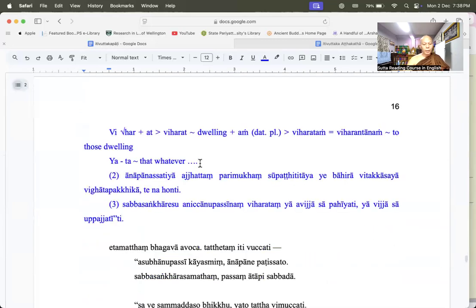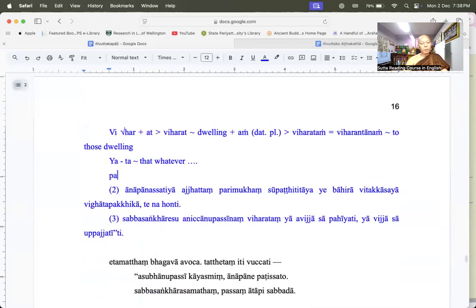Now pahiyati. So pa prefix, ruha, but here it is passive, and the R is changed.